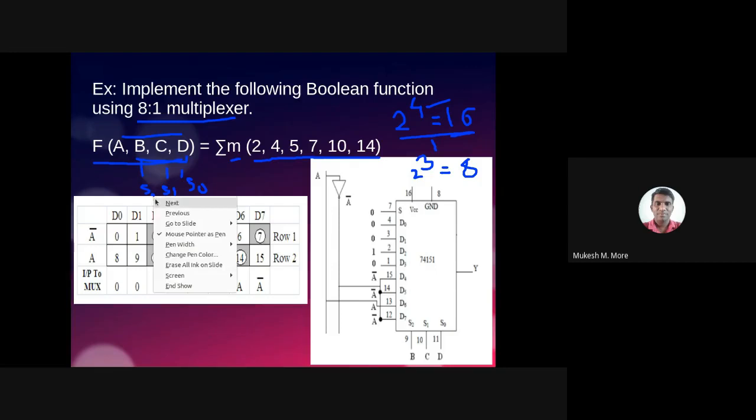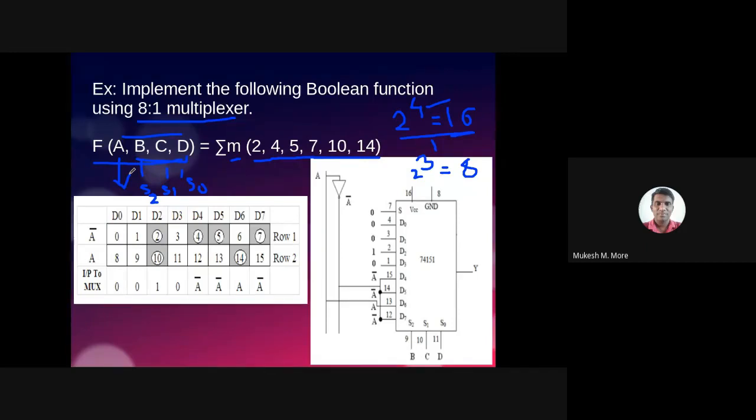So these select lines I have considered S0, S1 and S2. Now the remaining variable is A, and I have to design the circuit for A.